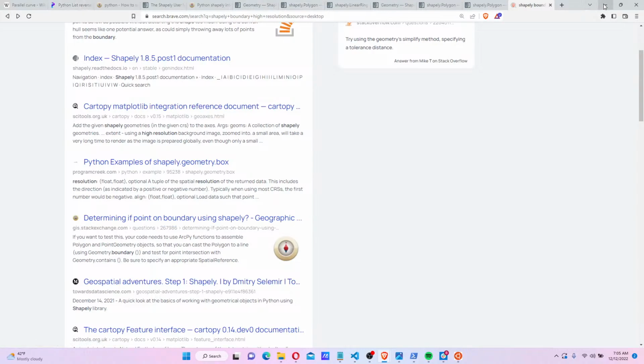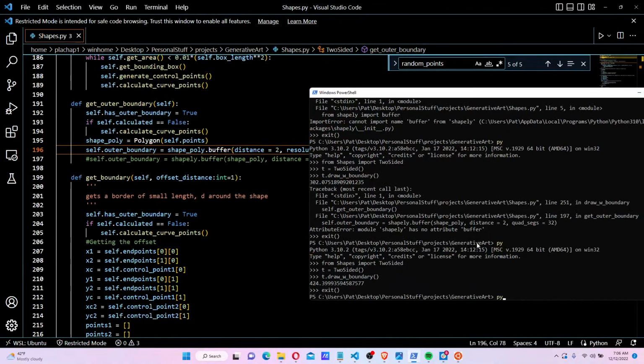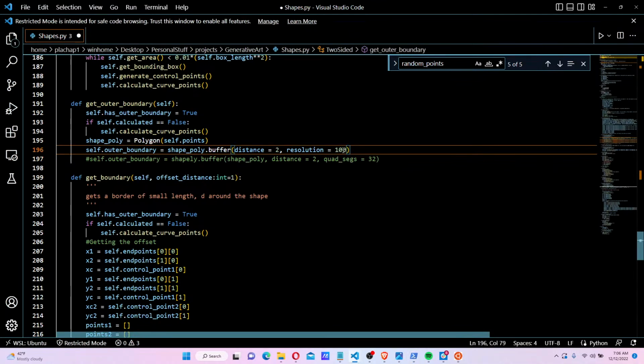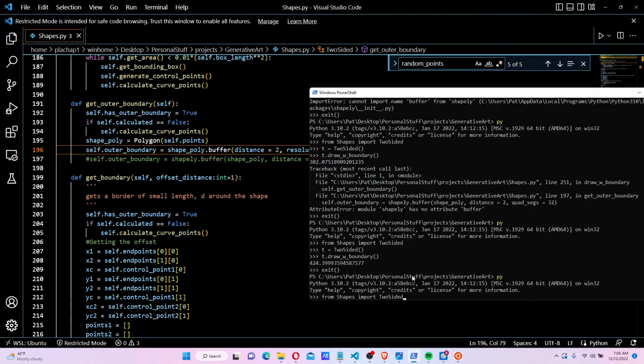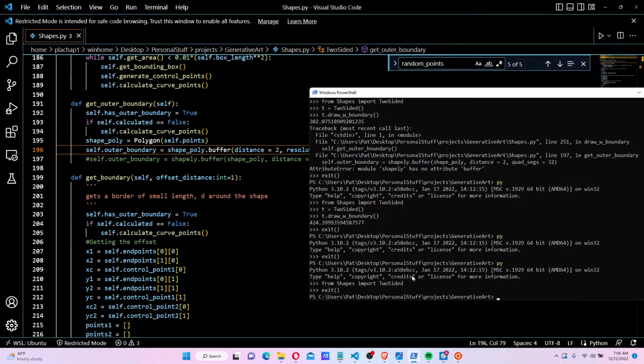Okay. I don't know. I think I'm happy with this. I guess I could see if I crank up the resolution. Is there a visible difference in what happens, or does it basically just stay the same?